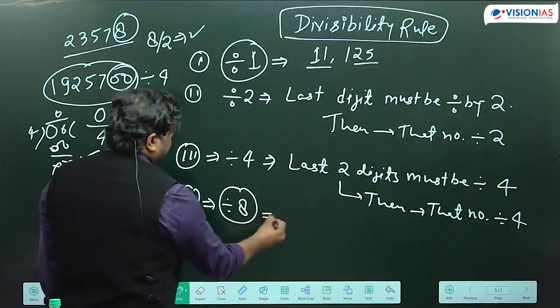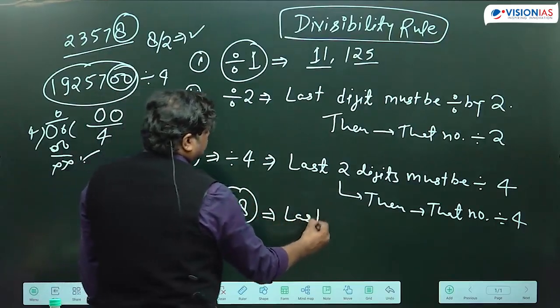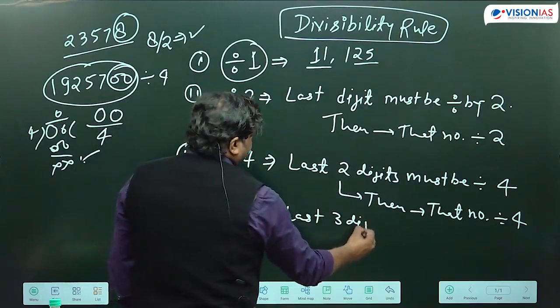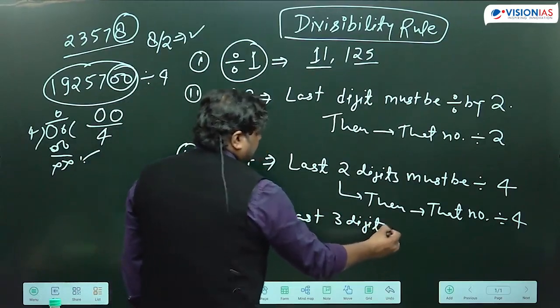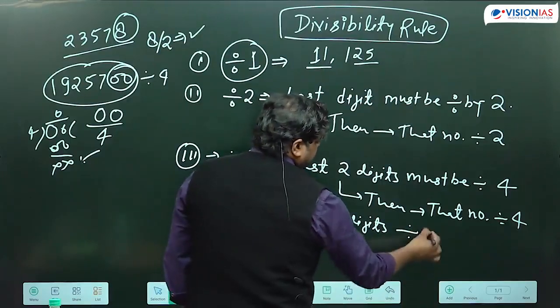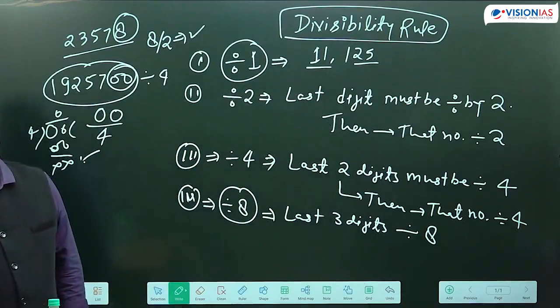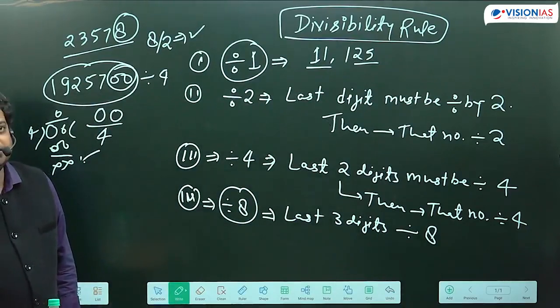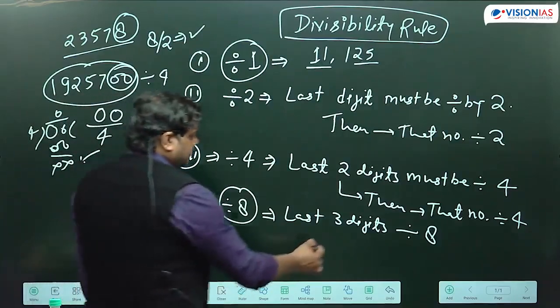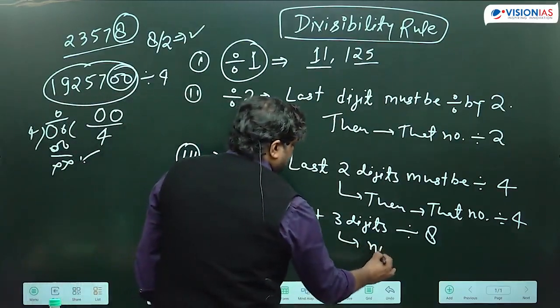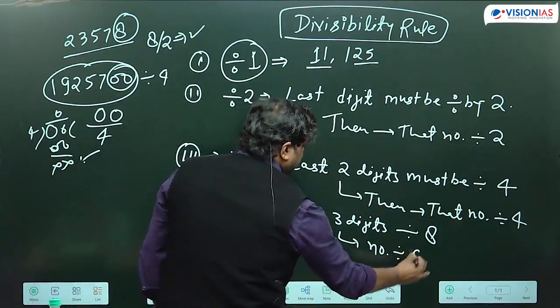8. Last 3 digits must be divisible by 8. Last 3 digits must be divisible by 8. Then we can say कि that number is also divisible by 8.